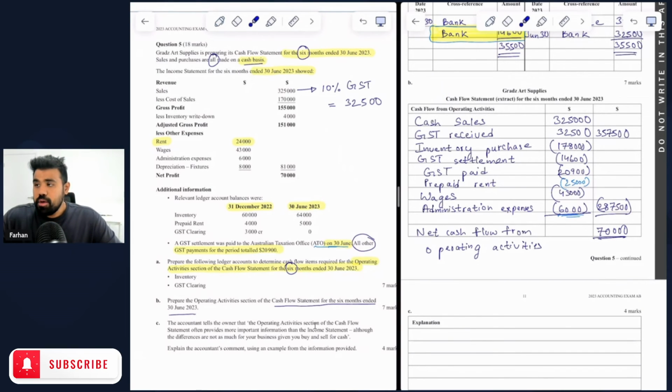Now, we calculate net profit on an accrual basis, which simply refers to the fact that the revenues need to be earned and the expenses need to be incurred. If I was preparing the cash flow statement, I could be including revenues that we hadn't earned, but let's say we had received the cash in advance.